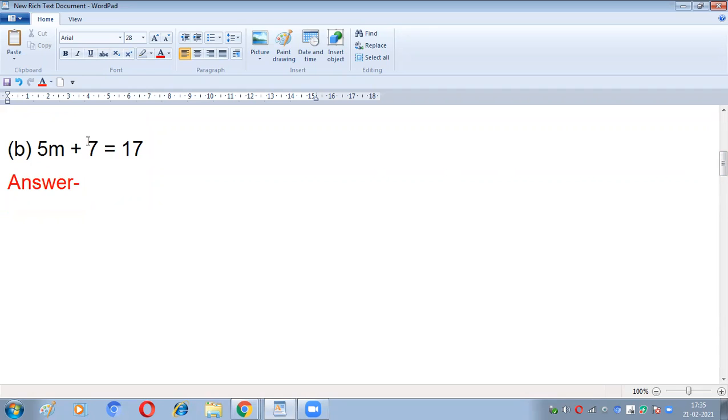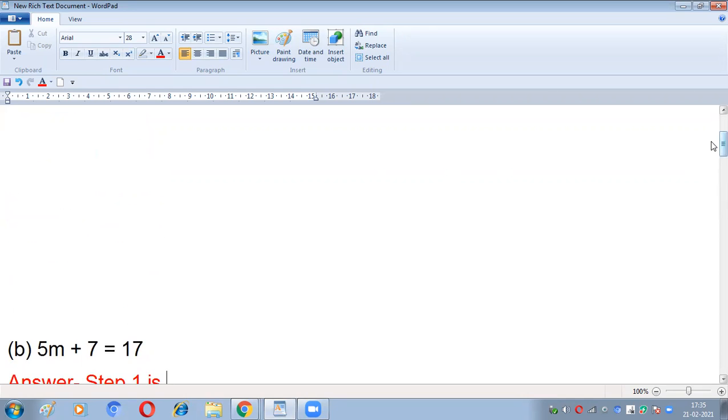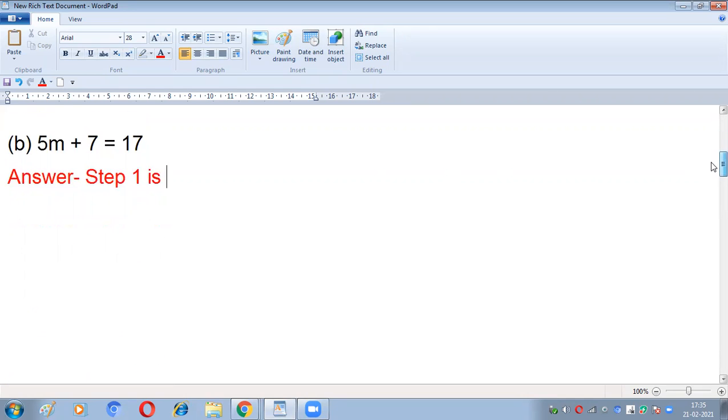Okay, so what will step 1 be? So our step 1 will be to just shift my plus 7 to the right hand side, and then we will change the sign of plus 7.